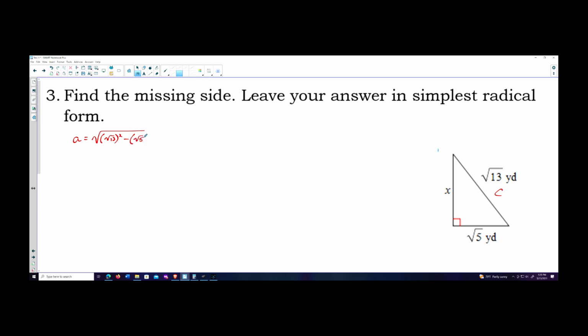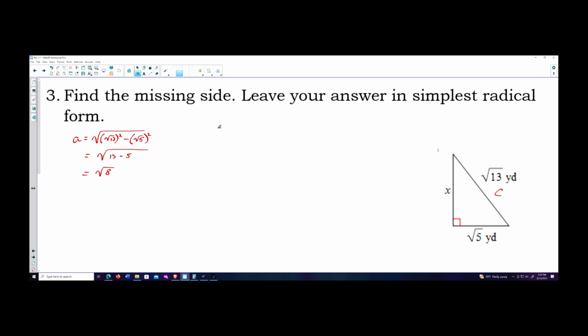Remember that the square will cancel the square root. Just gives me the square root of 13 minus 5. That would be the square root of 8. You have to put it in simplest radical form.